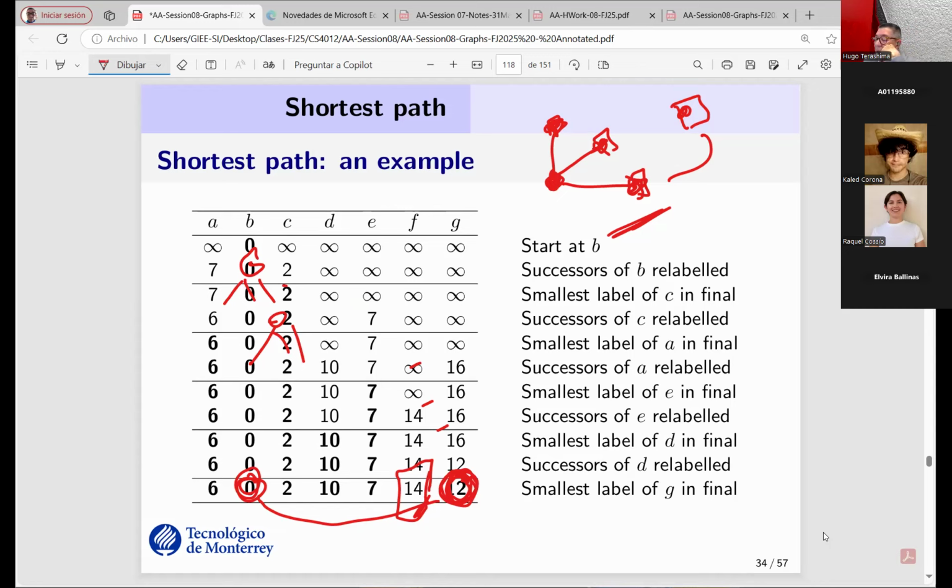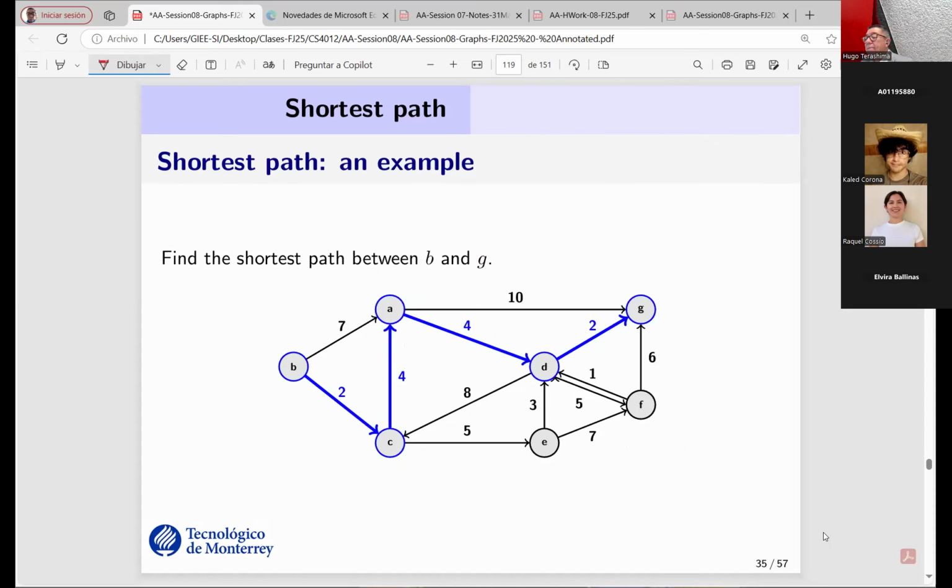So I would say that this algorithm is going to have something like n squared or more, is the cardinality of V, or less, what you are using here. Okay? This is what you find here.